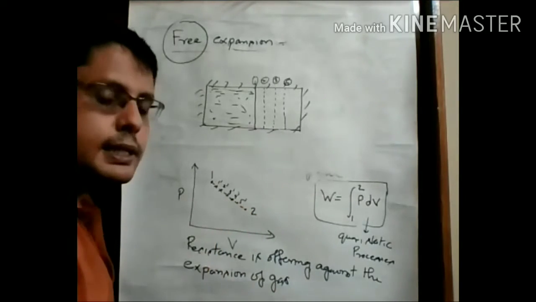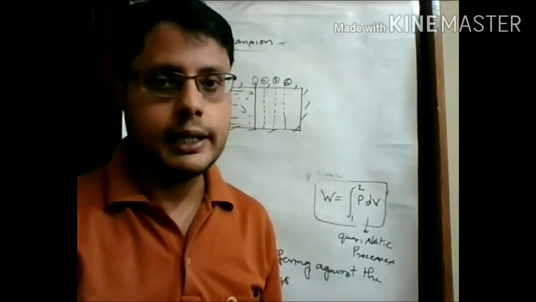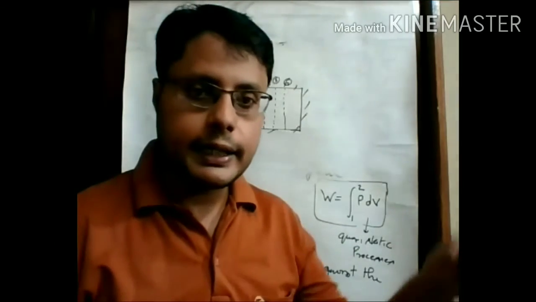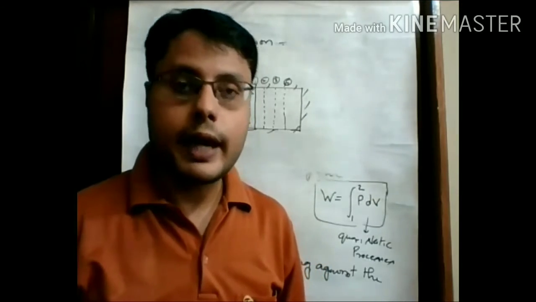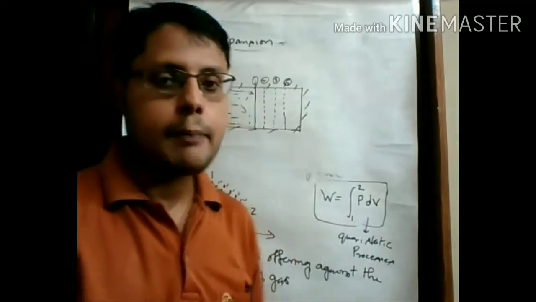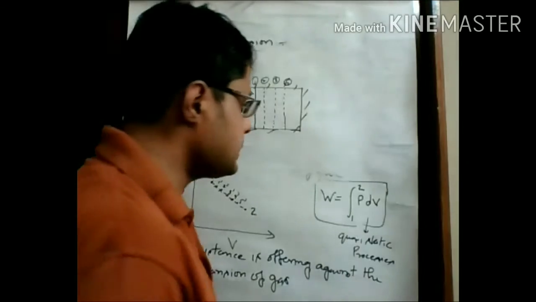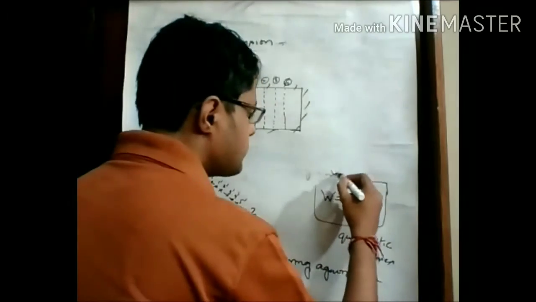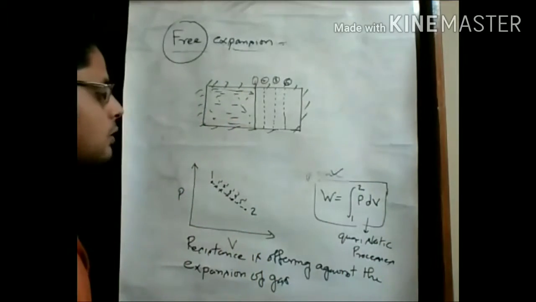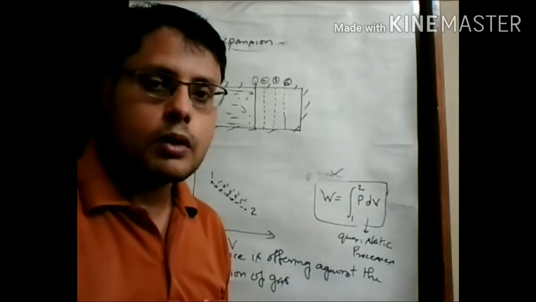So what is happening in this case? Now you have some intermediate equilibrium states between the initial and final positions. And by connecting these intermediate states, we get the actual path of the expansion process which is happening in this system. So now you can say, yes, we can apply W equals integration of 1 to 2 PdV, because we process this path in a very slow manner.